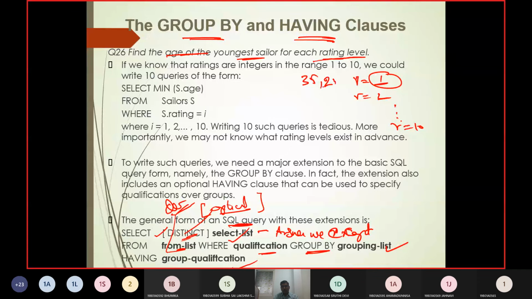Now for both of them rating is equal to 1. Then in this, who is the youngest? 1 is going to be the youngest. So now you are going to put 21, right? In 35 and 21, rating was 1. So in these two, who is the youngest age? 21. That is how it is put.